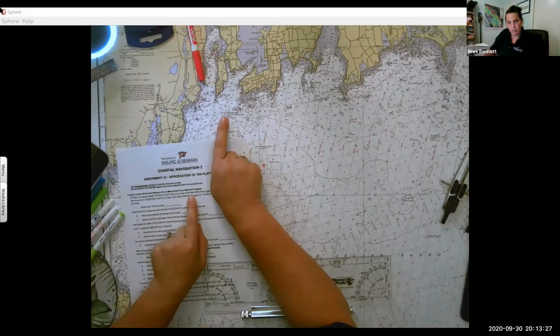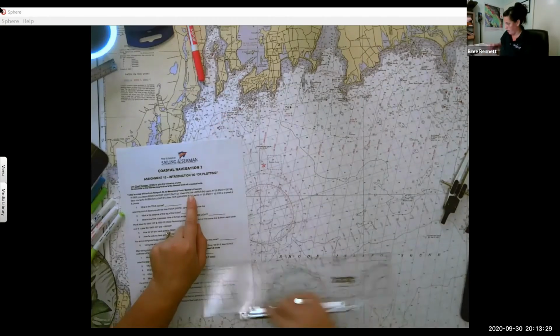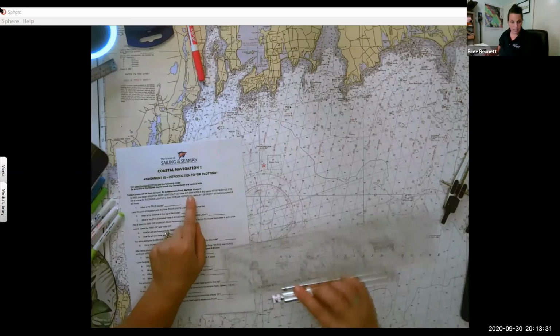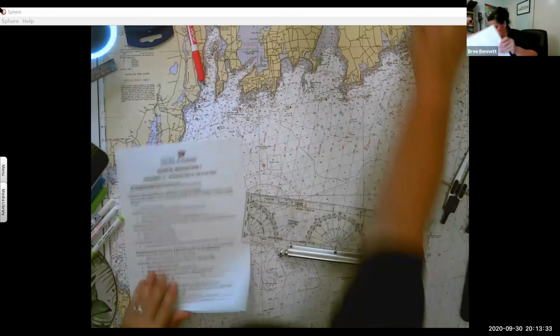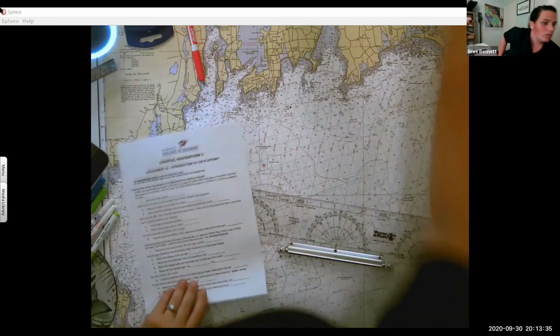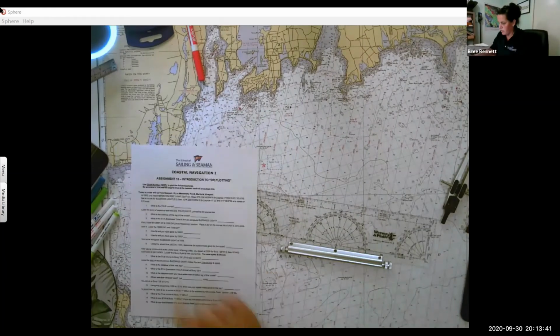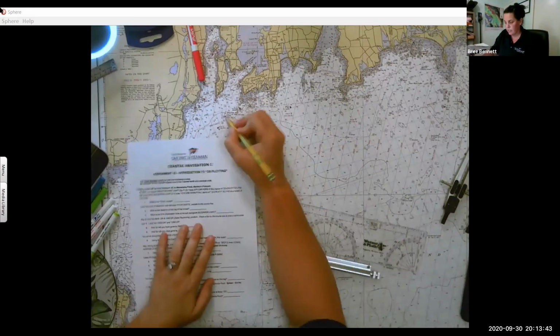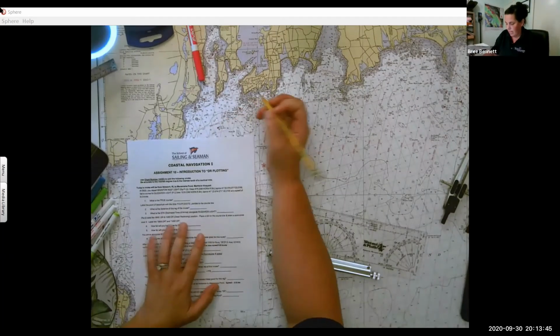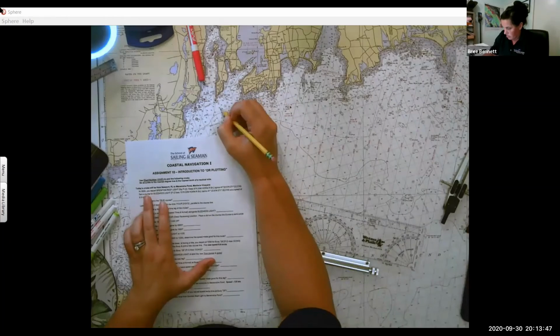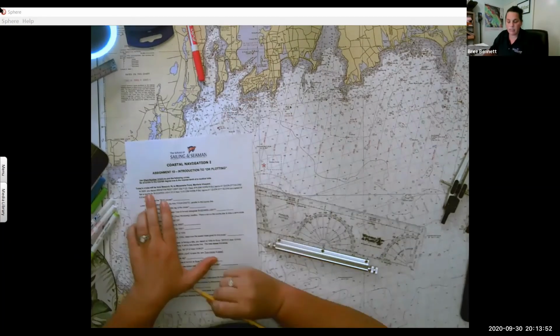So here's our Breton Reef light. We'll go with this pencil, it's a little dull. Okay, so we were at Breton Reef light at 8:20, so I'm going to put my time there.